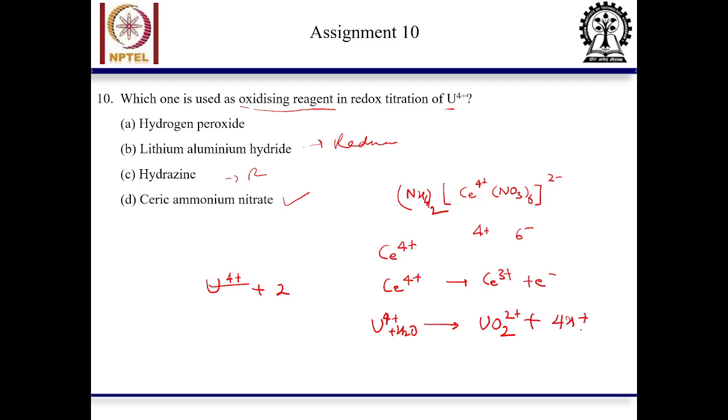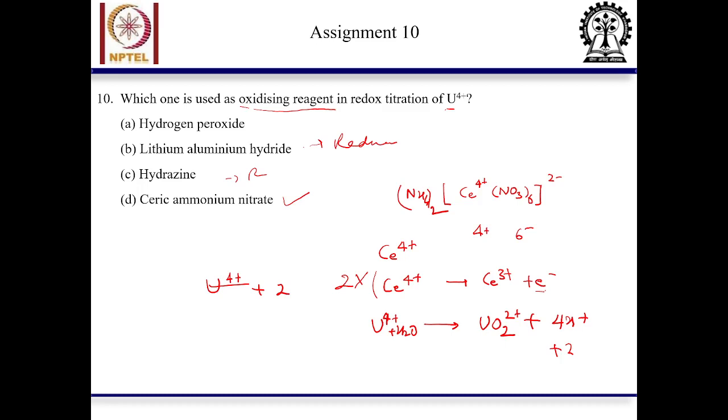Now we have to balance it. The uranium side releases 2 electrons, so you multiply the cerium half by 2 electrons.